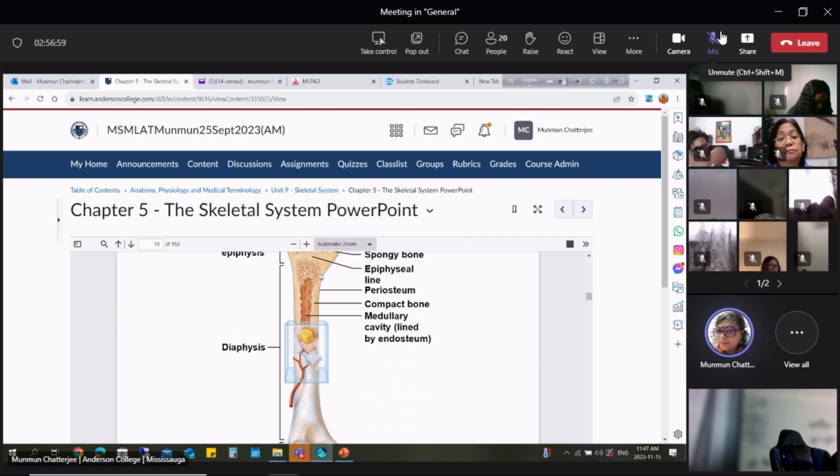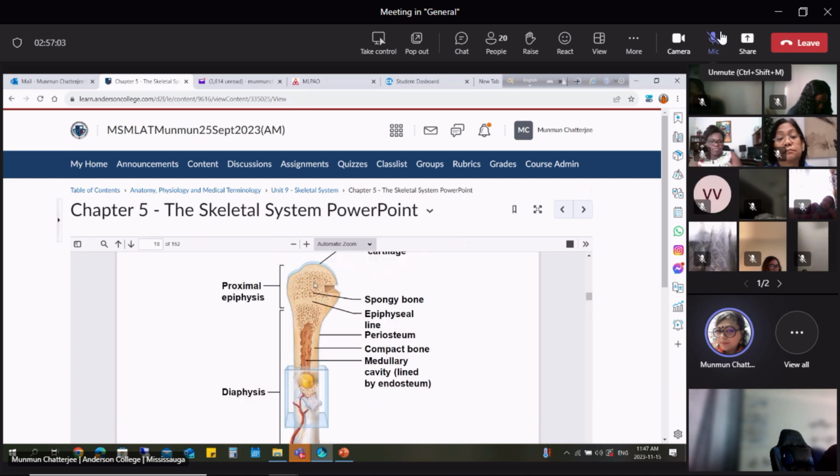But the diaphysis area gives you more strength, because this area is attached with the other part and has to be very strong. So the middle area is the diaphysis, made up of compact bone.